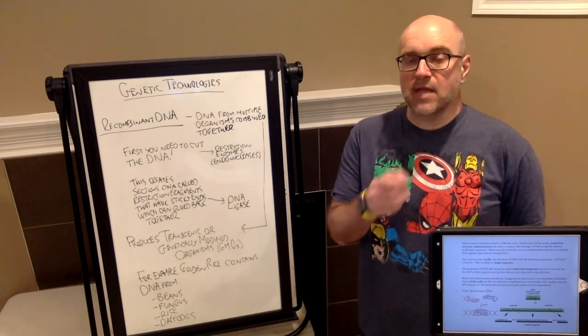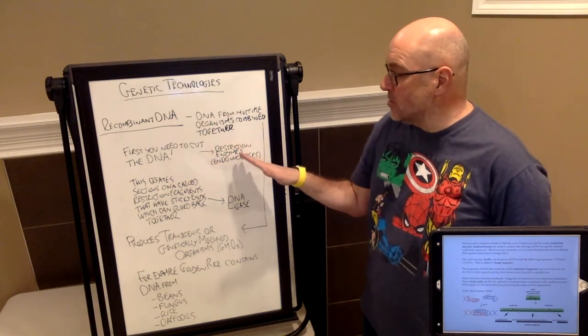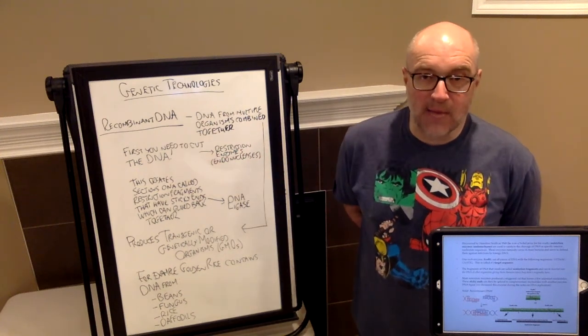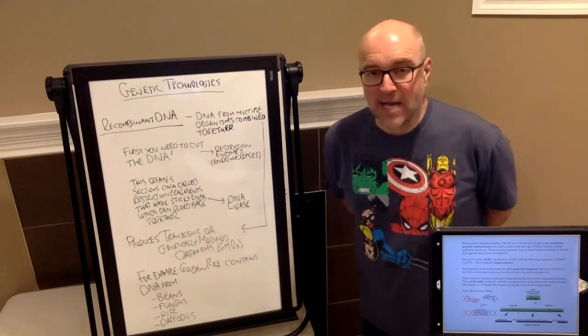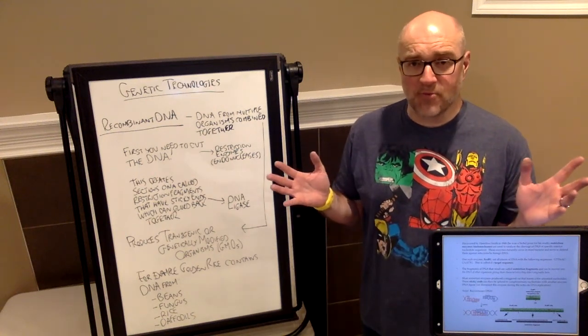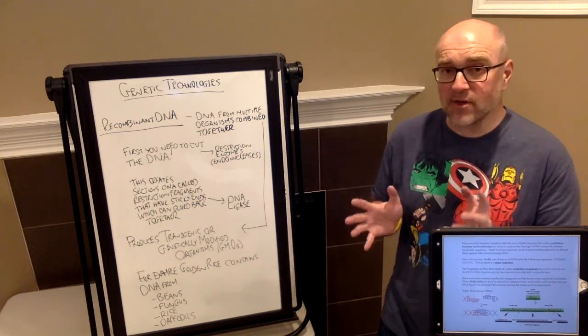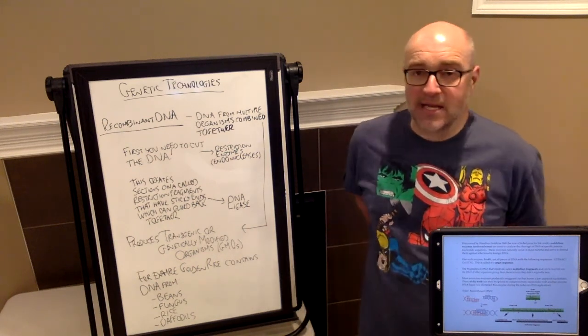So what we do instead is we use what are called restriction enzymes. These enzymes are produced by bacteria, and they're essentially a form of immune response to invading bacteriophages, which are viruses that invade bacteria.